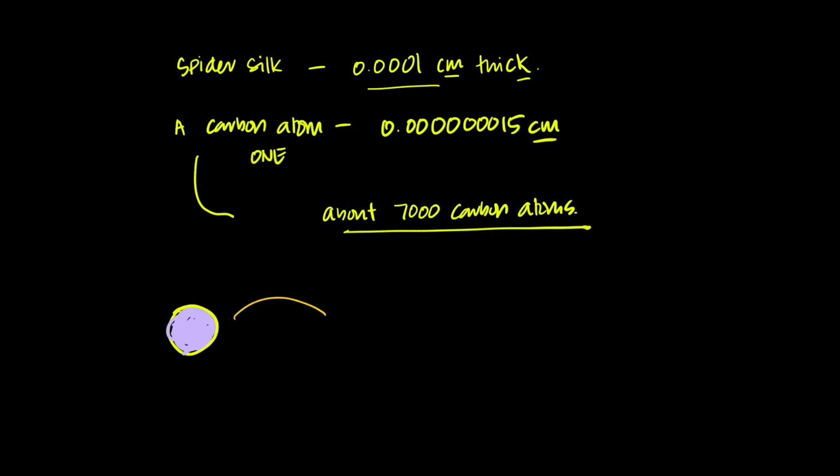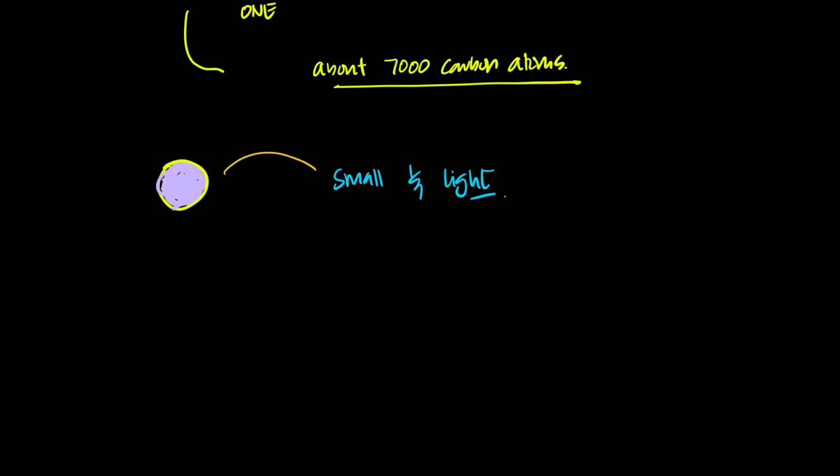Now, that's interesting. It's very, very, very small. And not just the fact that they're small, they're also very light. How light? To give you an idea, I take a billion carbon atoms.